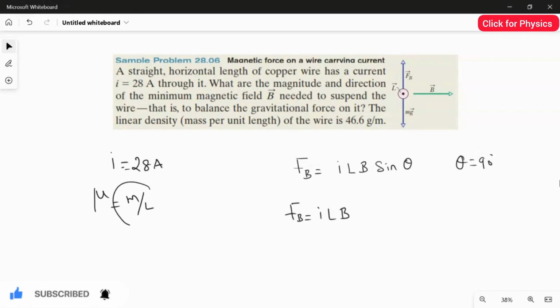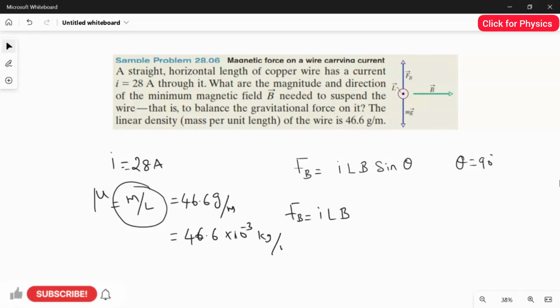The mass per unit length value is given here as 46.6 gram per meter. In terms of kilogram, that is 46.6 multiplied by 10 power minus 3 kilogram per meter. Now after you apply the right hand rule, we got theta is 90 degree.